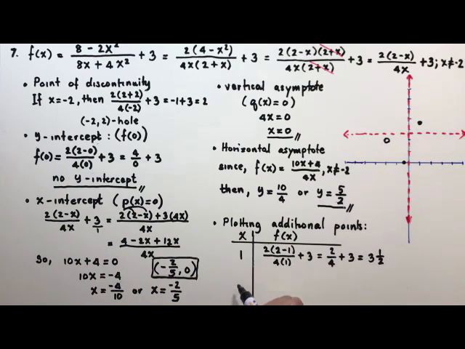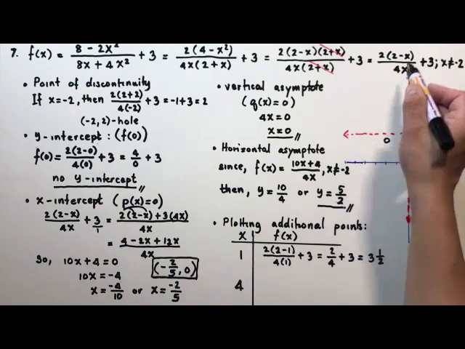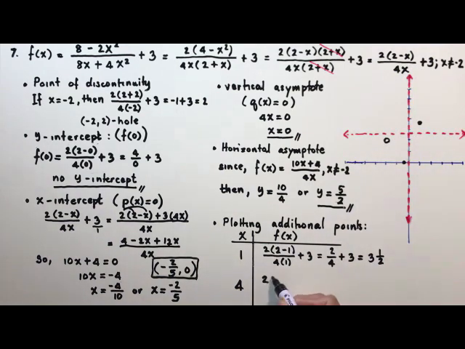And when your x is 4, substituting it there, 2 times 2 minus 4 over 4 times 4, added to a constant of 3, we have 2 minus 4, it's negative 2, and negative 2 times 2, that is negative 4 over 16 plus the constant of 3.